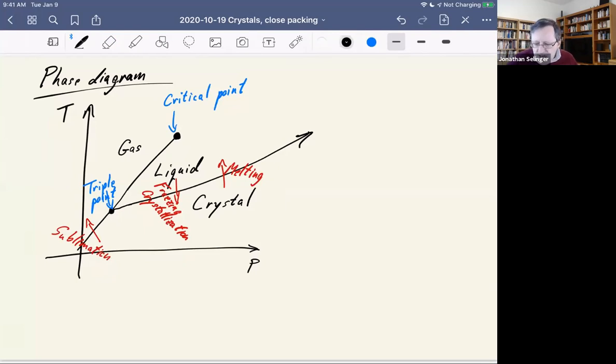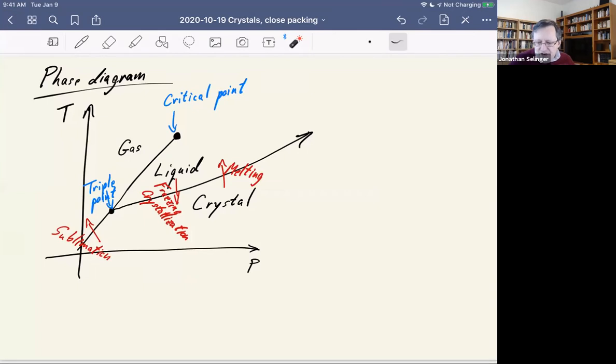This is related to the question that Cheng asked just before class about symmetry changes across phase transitions. The liquid and the crystal phases have different symmetries. The liquid has perfect translational and rotational symmetry, and the crystal doesn't. The crystal has some broken symmetry.